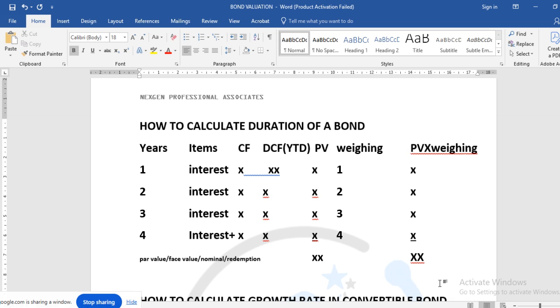So for you to calculate duration of a bond now, duration is equal to the total of your PV times your weighing, divided by the present value. That gives you the duration of a bond.